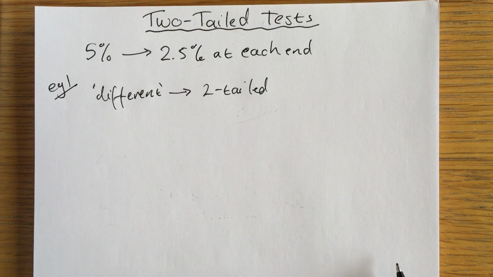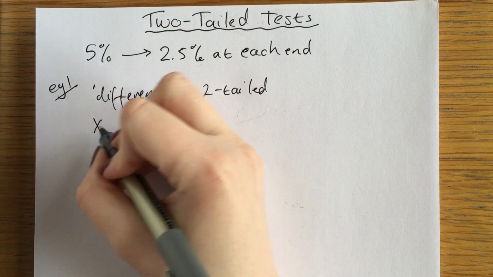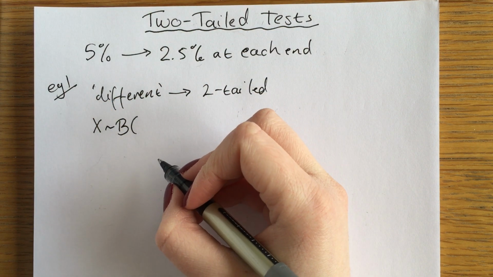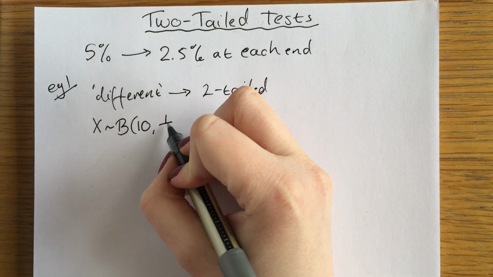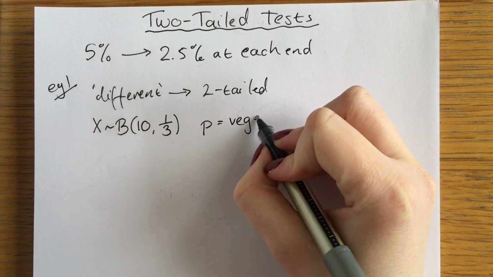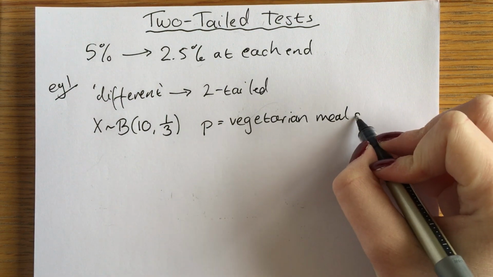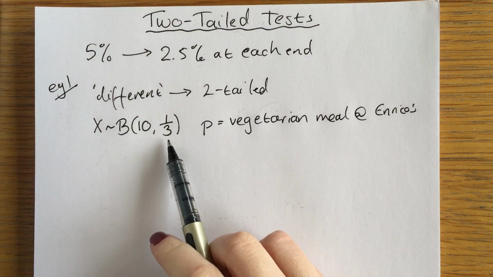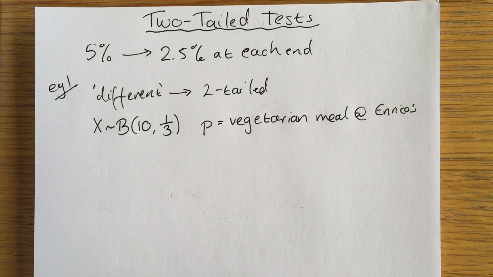So we need to set up our hypotheses in the same way we would last time. X is binomially distributed, and we're looking at a sample size of 10 people, and the probability of a vegetarian meal at Enrico's is 1/3, because it's in the ratio 2 to 1, that means 1 out of 3 people choose a vegetarian meal.